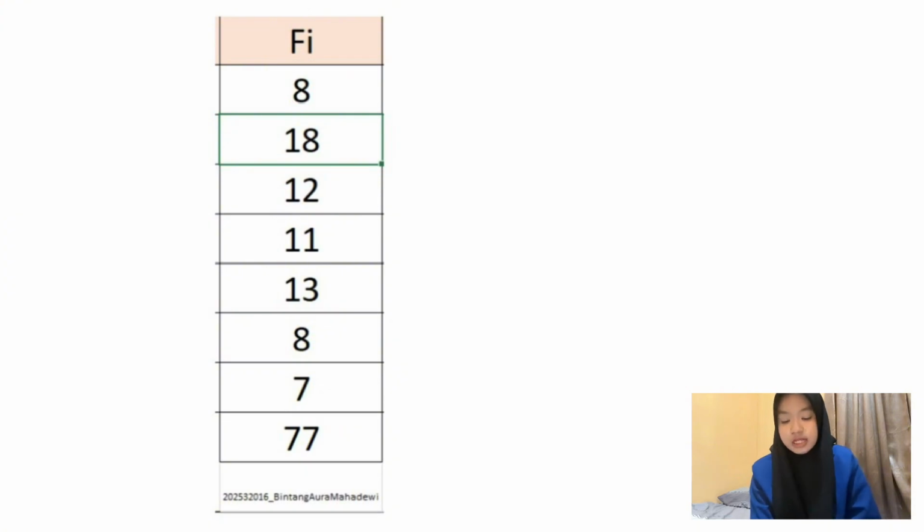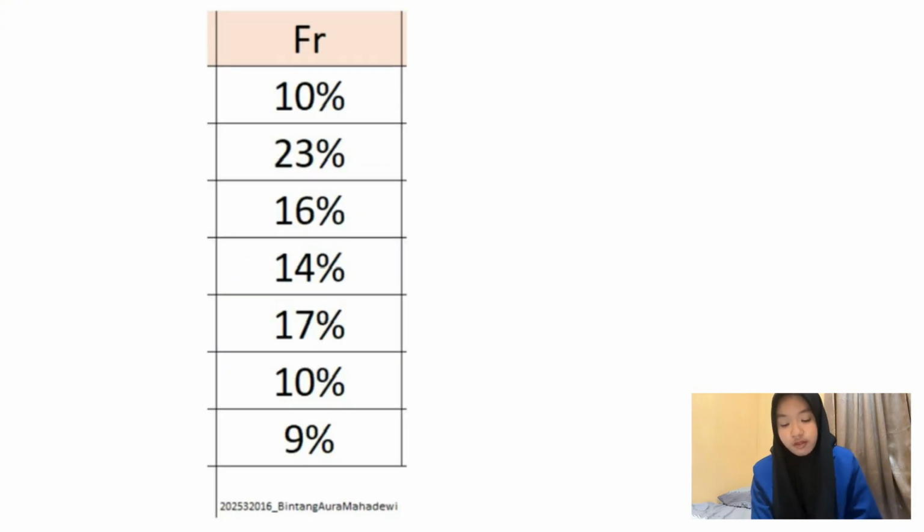Step 5. Calculating the relative frequency. The relative frequency indicates the proportion of each class relative to the entire dataset. Expressed as a percentage, it is calculated by dividing each class absolute frequency by the total number of data points, 77, and multiplying the ratio by 100.